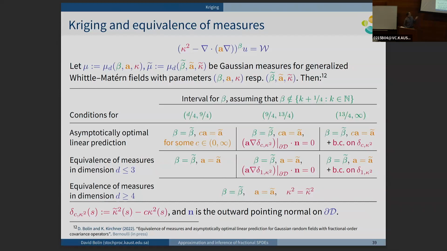But if you go down to asymptotic optimality of Kriging, it depends a bit on what the parameter beta is. What you can note is that, for instance in this case here, there is no requirement on kappa. So that parameter kappa asymptotically doesn't matter for the quality of the linear prediction.